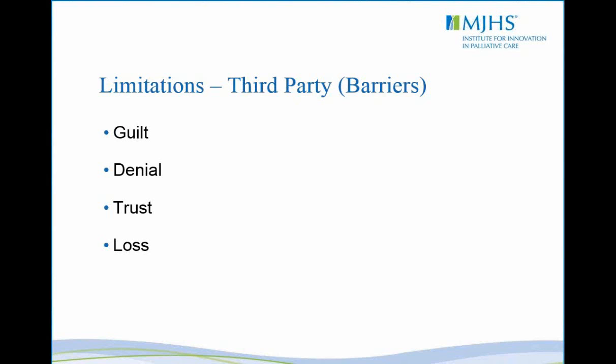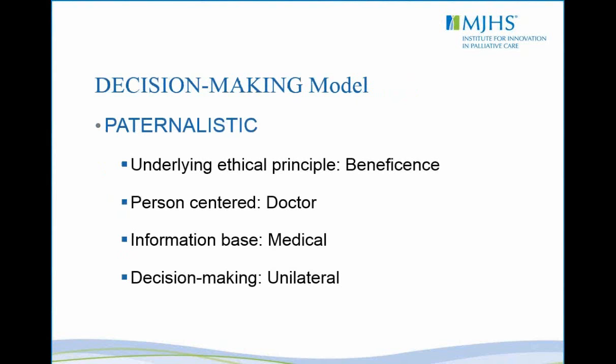A lot of third parties will sometimes influence the patient to take one decision or another because they are so afraid. Let's give an example of withholding or withdrawal of treatment. Sometimes a family member will say, well, we cannot do that, and will influence the patient to go that direction because they are so afraid to lose the patient, for various reasons, good and bad.